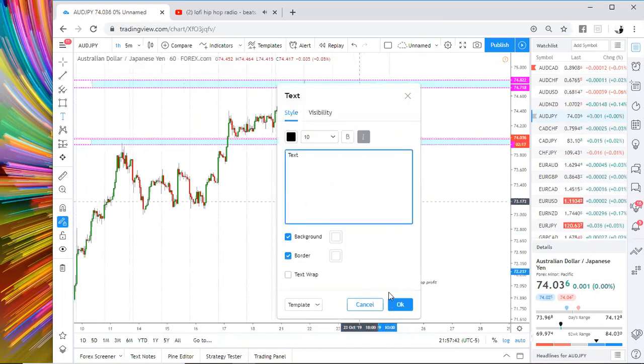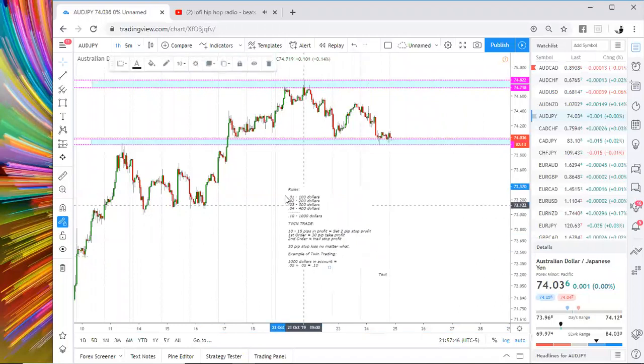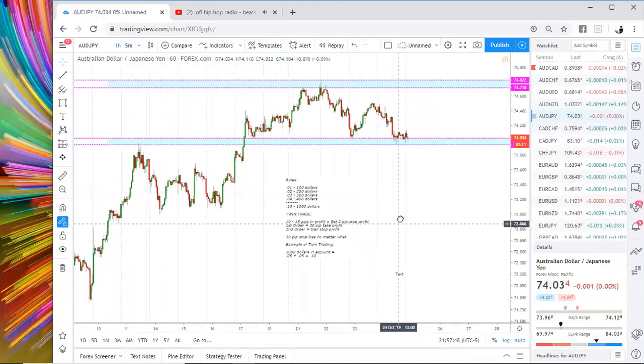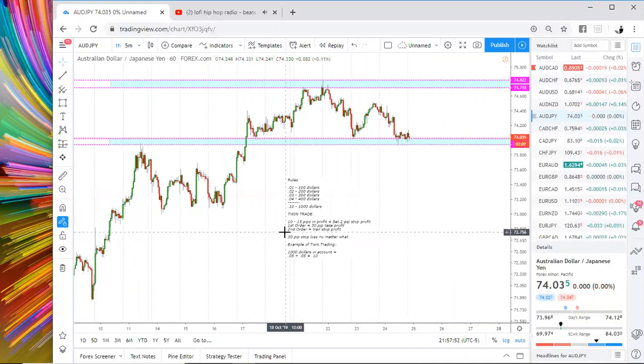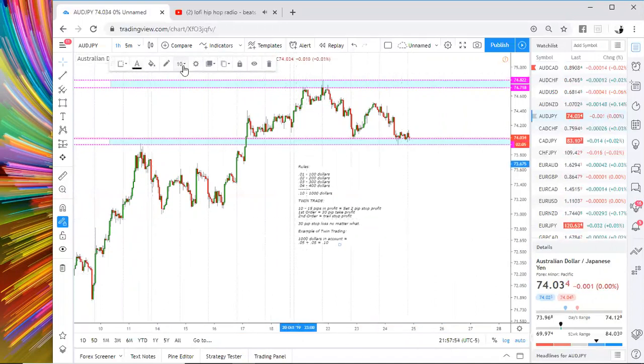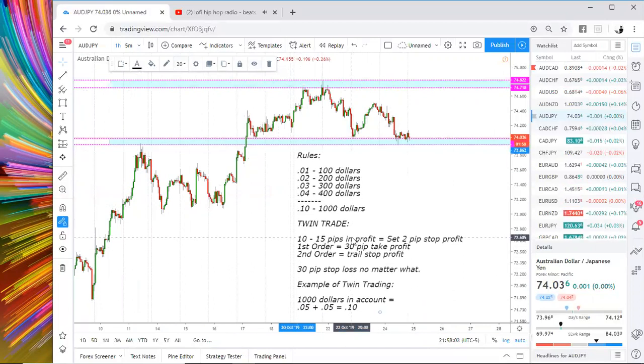I'll even increase the size so you can read them on the screen. Oh, a little too big. Here you go. These are the rules.